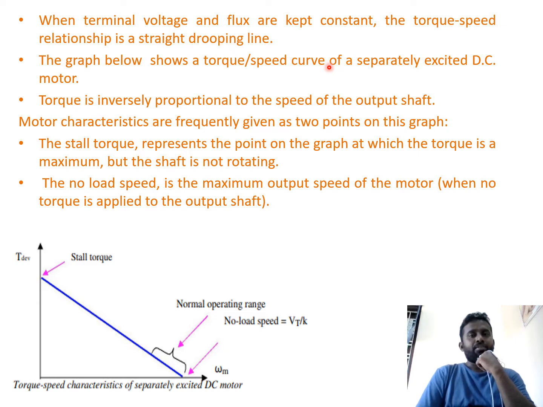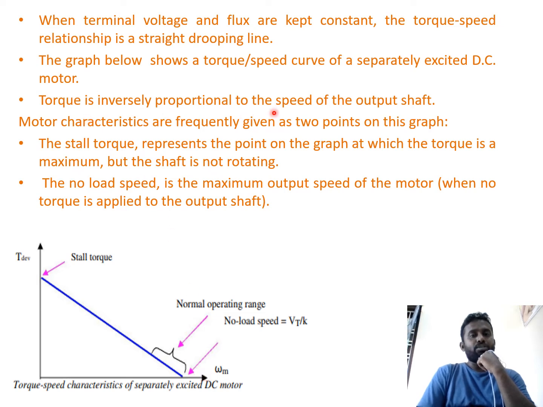It is different for DC shunt motor, DC series motor and DC compound motor, but as per your syllabus you only have separately excited DC motor, torque speed characteristics and control methods. So we are learning this torque speed characteristics of a separately excited DC motor.